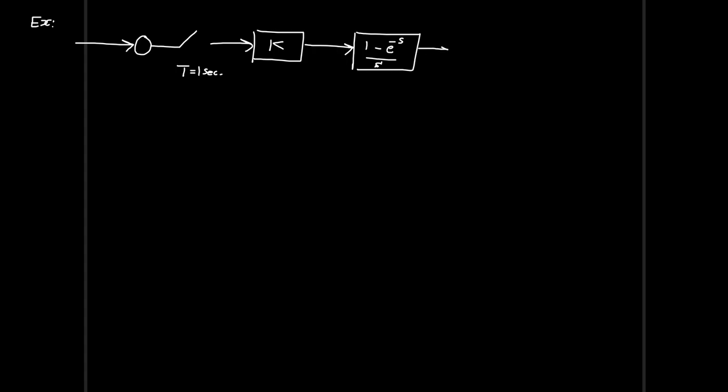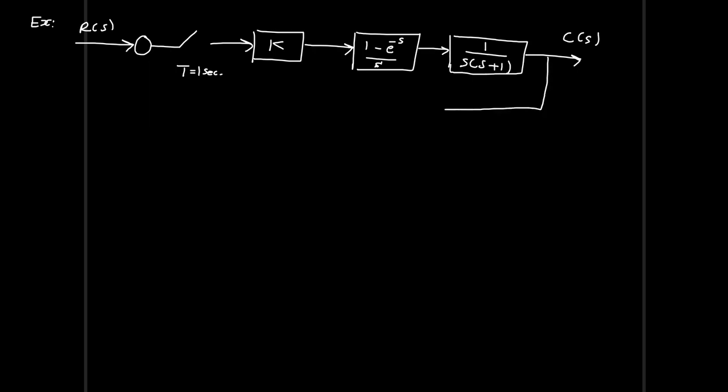And after that, we have the transfer function for the plant, which is 1 over s plus 1. And let's assume this is C of s, this is R of s, and we have a unity feedback, so H here is equal to 1.